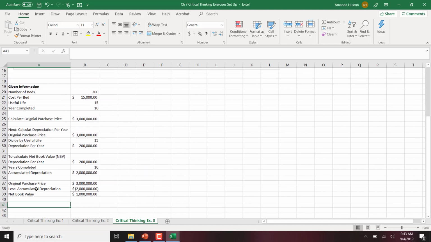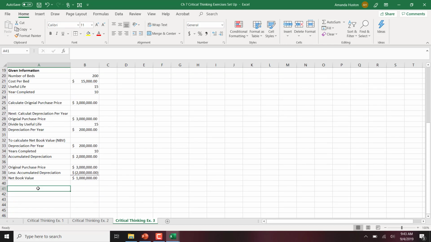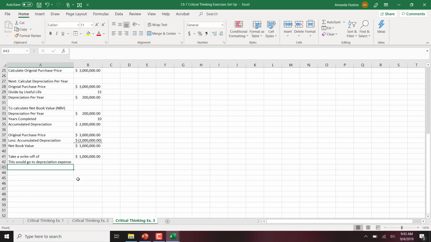If we wanted to replace those beds, we would need to take a write-off of whatever the net book value is. This would go to depreciation expense. So in order to go to depreciation expense, it would impact the financial statement.